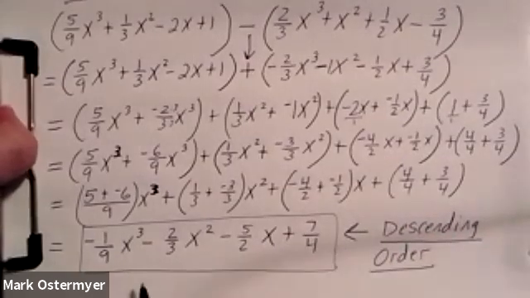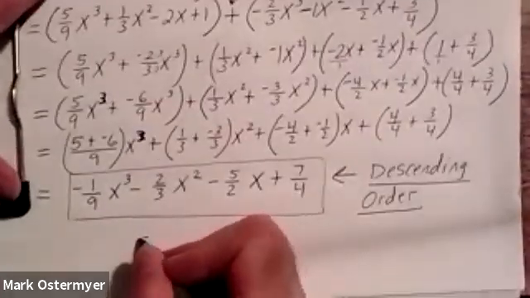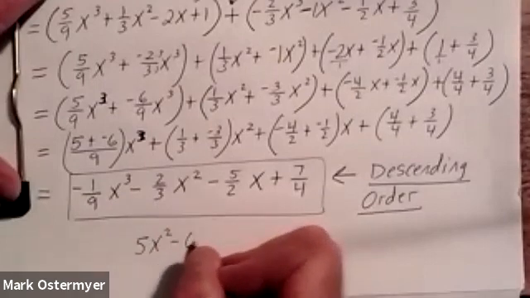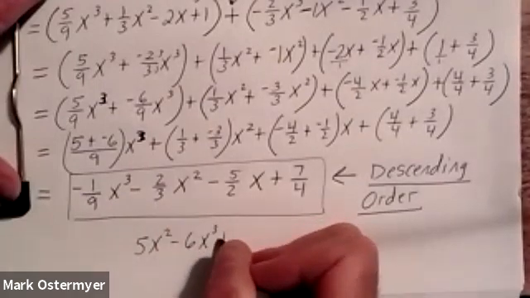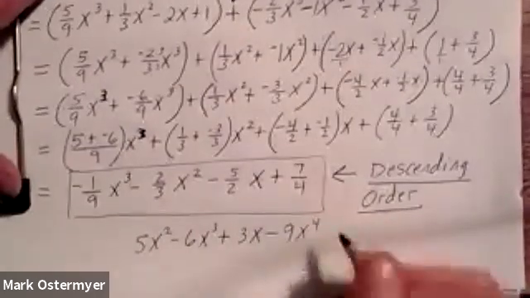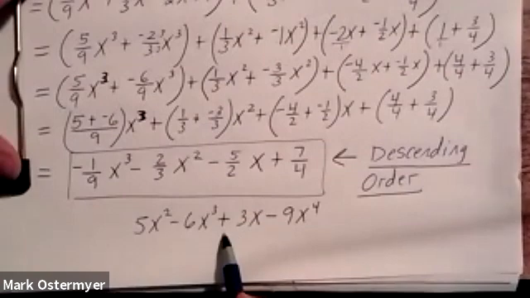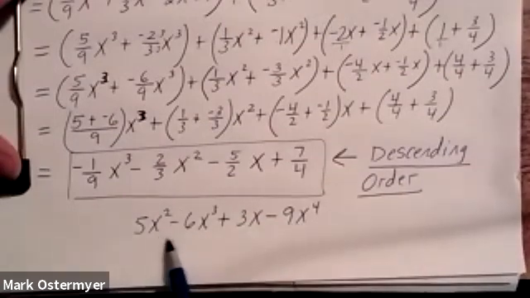I mean, it's not a huge mistake if you don't have them in descending order. Like if you have 5x squared minus 6x cubed plus 3x minus 9x to the 4th, this is not in descending order. But could I rearrange these terms to get this in descending order?